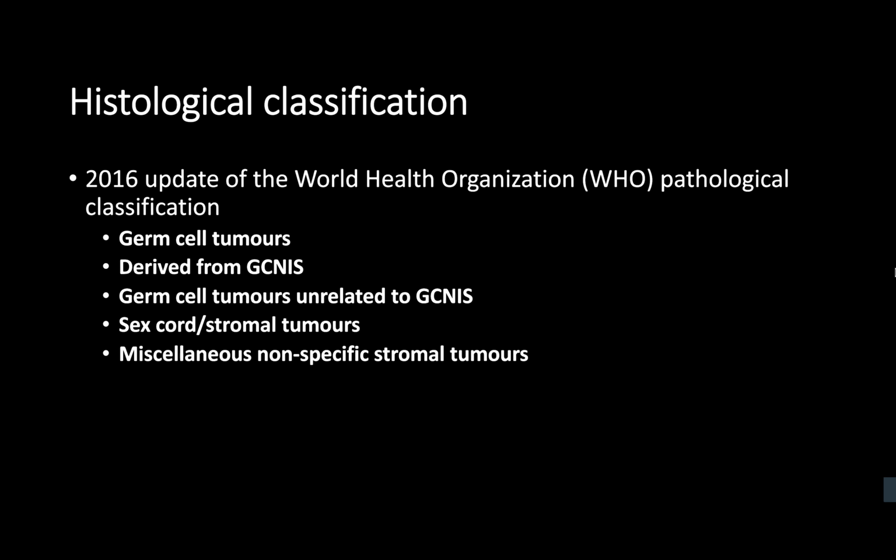The other classification is still acceptable, but that was the old classification. So the keywords we are looking for are: derived from GCNIS, not derived from GCNIS, and the others.